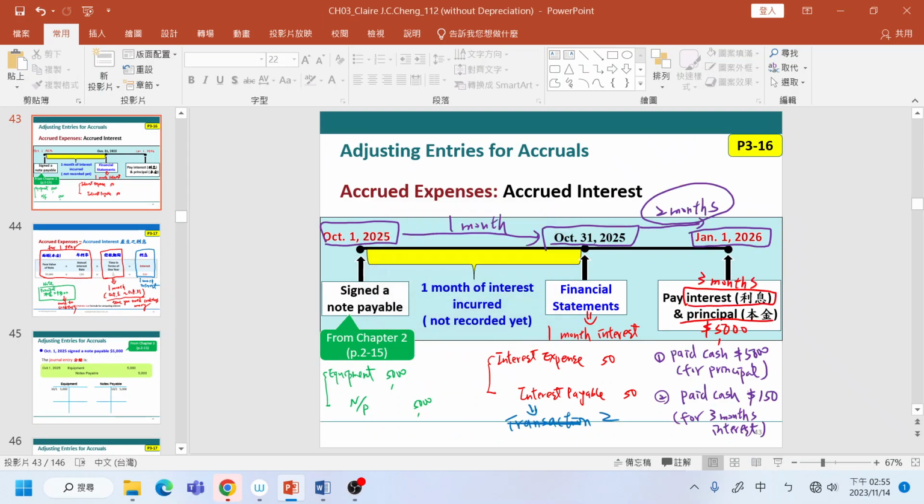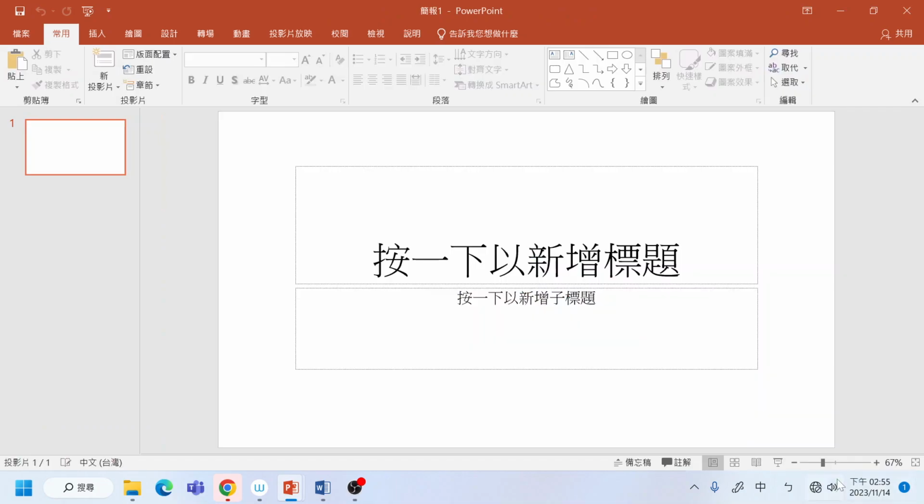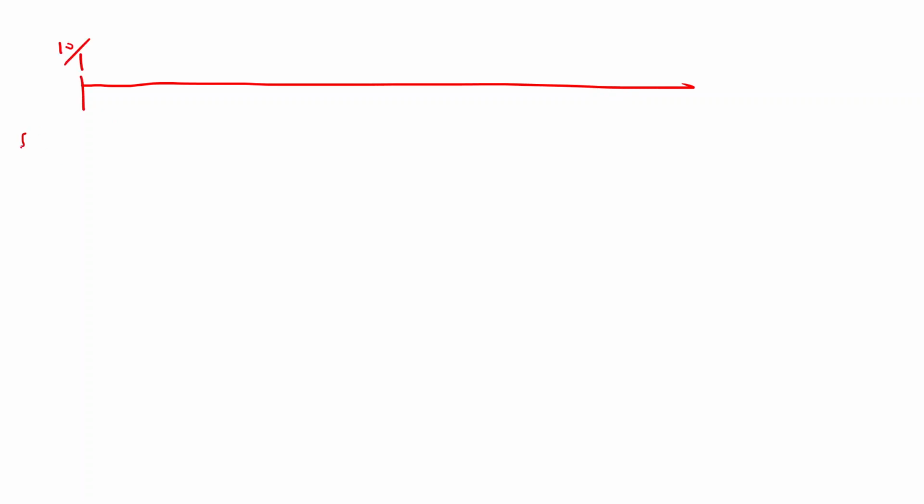Then, what's the journal entry we use to record it? October 1st, you buy equipment, but you didn't pay the money, so you owe the money $5,000.